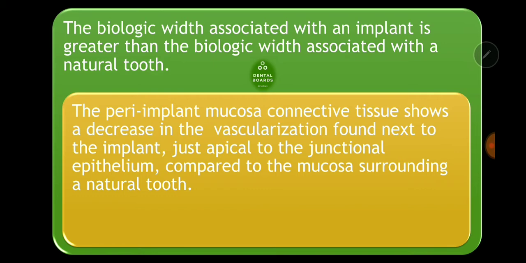And the peri-implant mucosa connective tissue shows decreased vascularization found next to the implant, just apical to the junctional epithelium. So you have to know that there is decreased vascularization. This is high yield stuff that you're supposed to know.